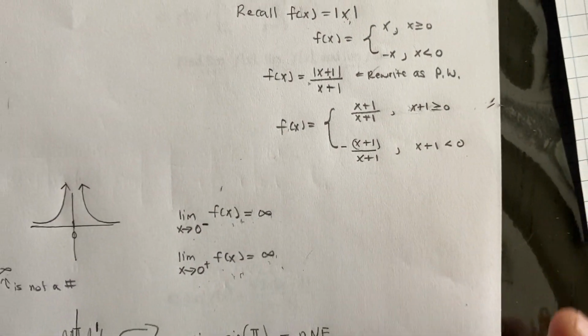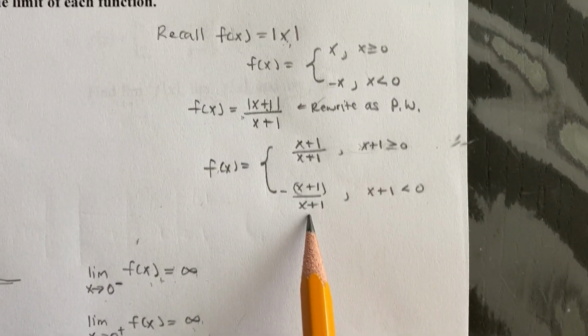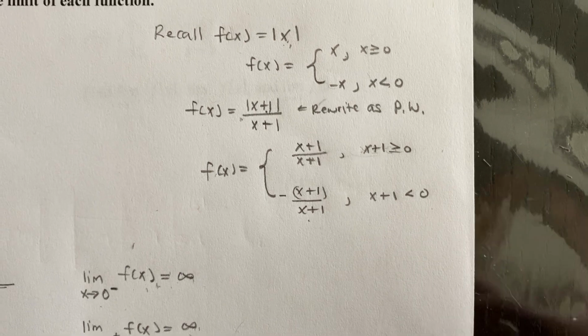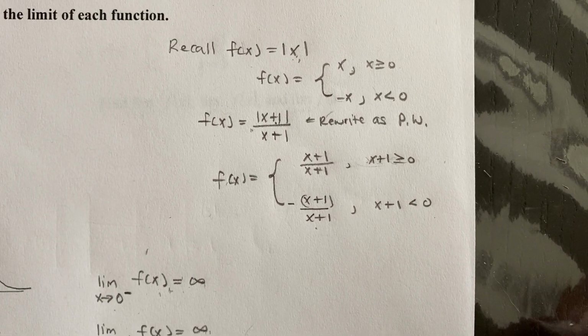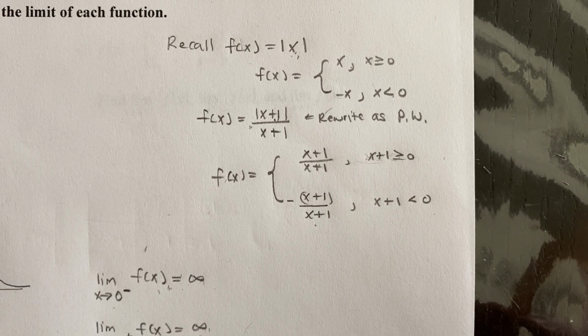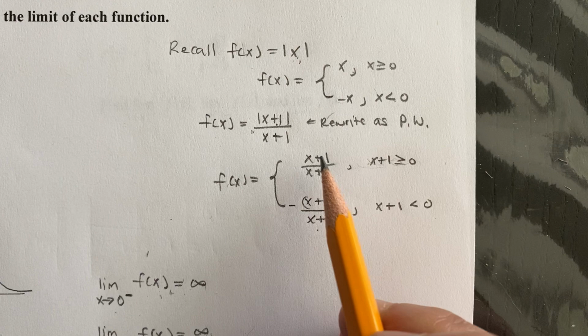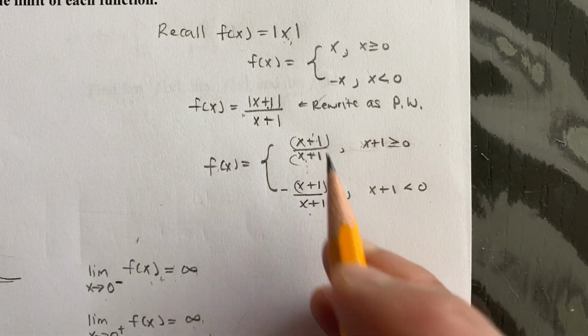Now, there's another trick on this problem, right? After I rewrite this as a piecewise function, believe it or not, this is actually a Math 2 skill. It's in the Math 2 textbook, but regardless, let's finish this problem. There's another trick that you have to really think about here. When these two guys cancel out right here, it cancels out to basically positive 1.